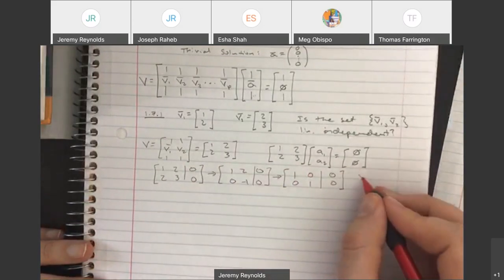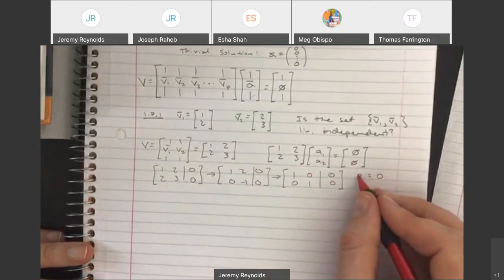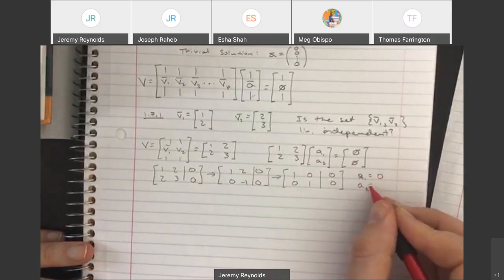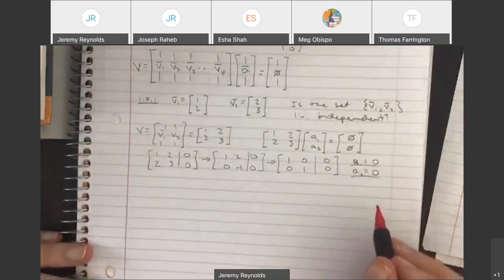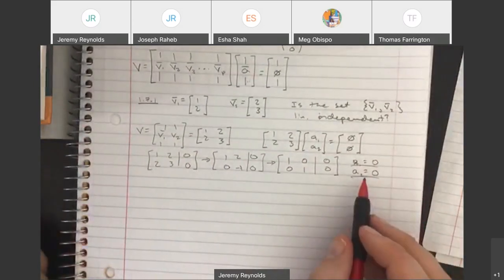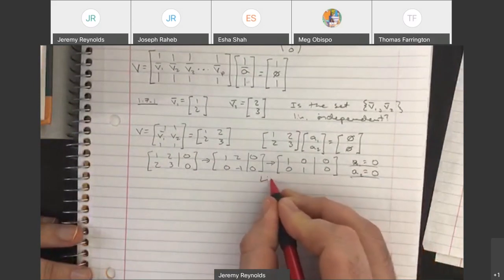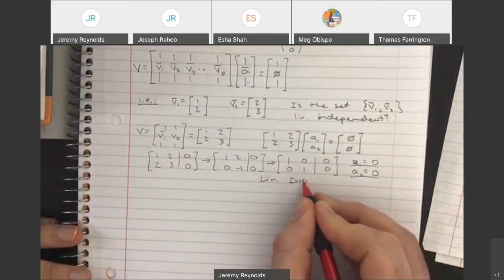So we can see that a1 equals 0 and a2 equals 0. Since both have to equal 0, this is the trivial solution. So they are linearly independent.